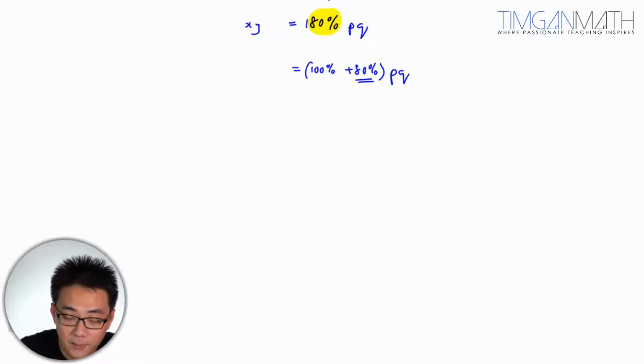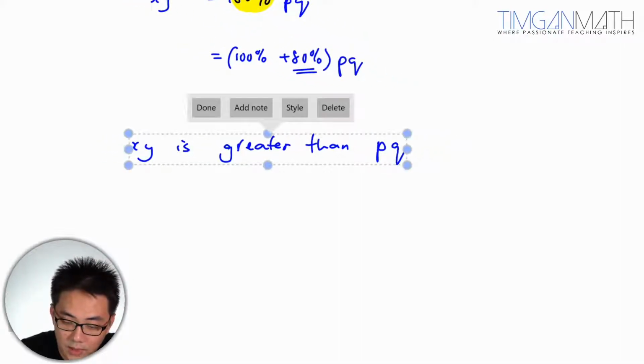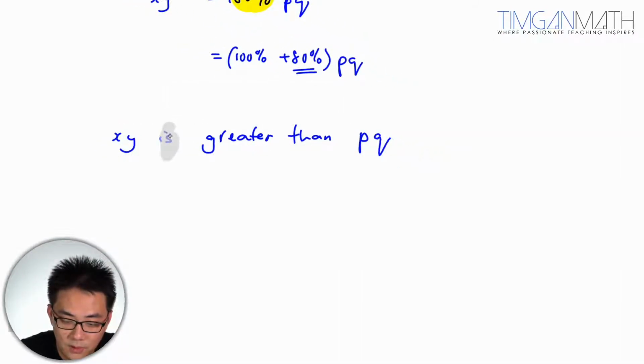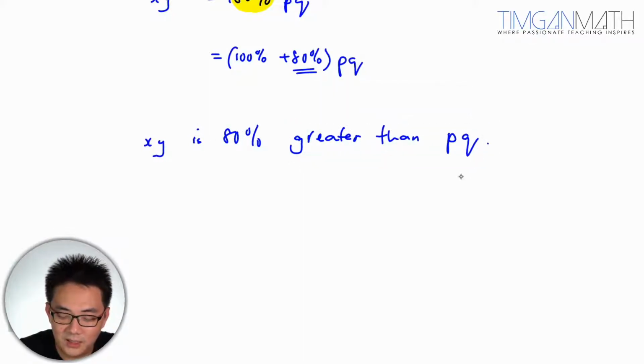In other words, xy is greater than pq by 80%. So I'll write this as: xy is 80% greater. That's the answer.